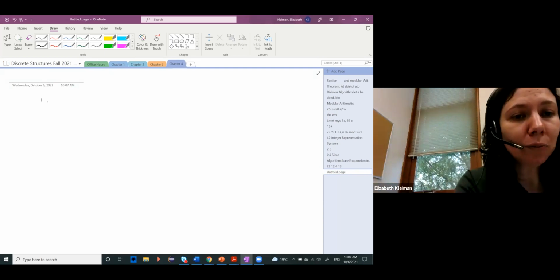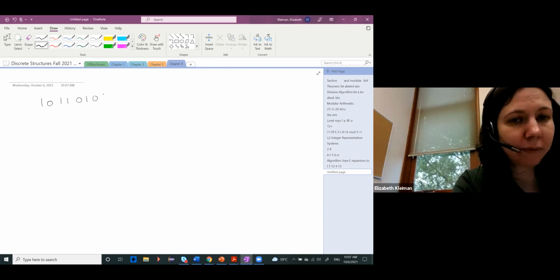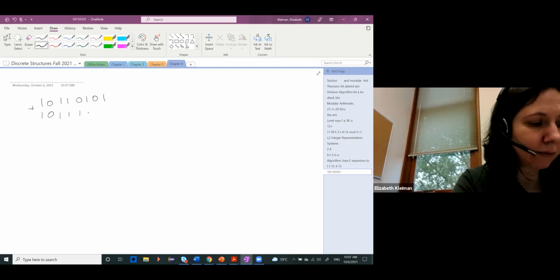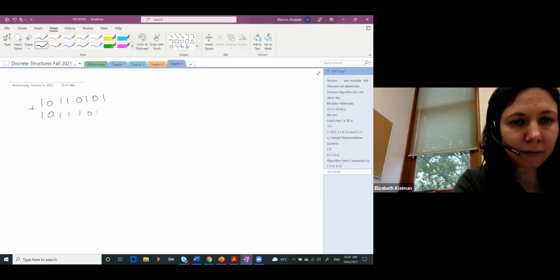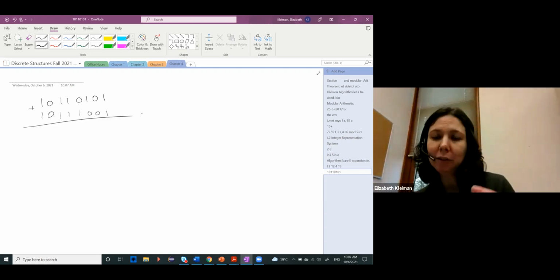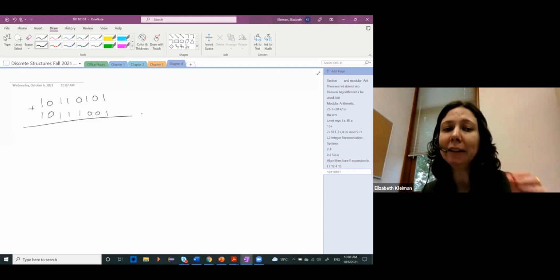However, if I have 2 binary numbers and I want to add them together, if it is an addition, we're going to be using the same tricks as we did with the addition of decimal numbers.